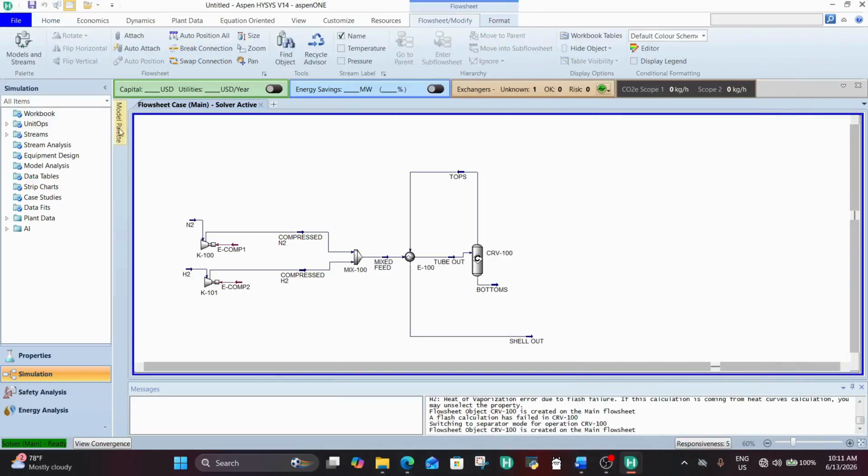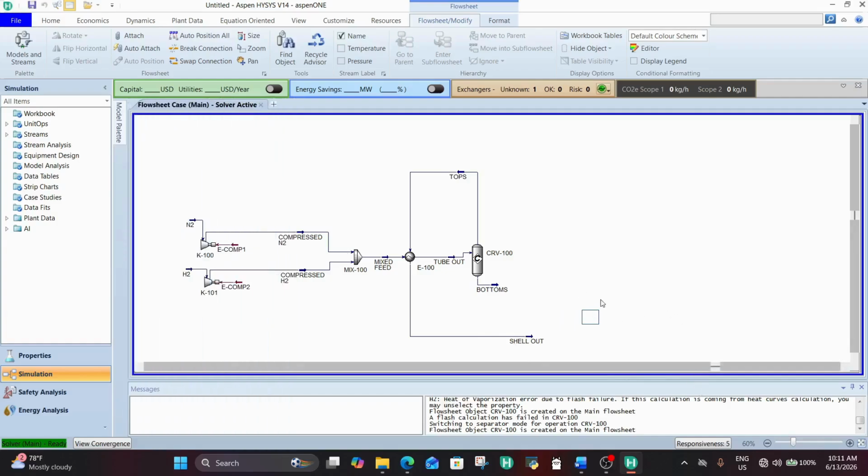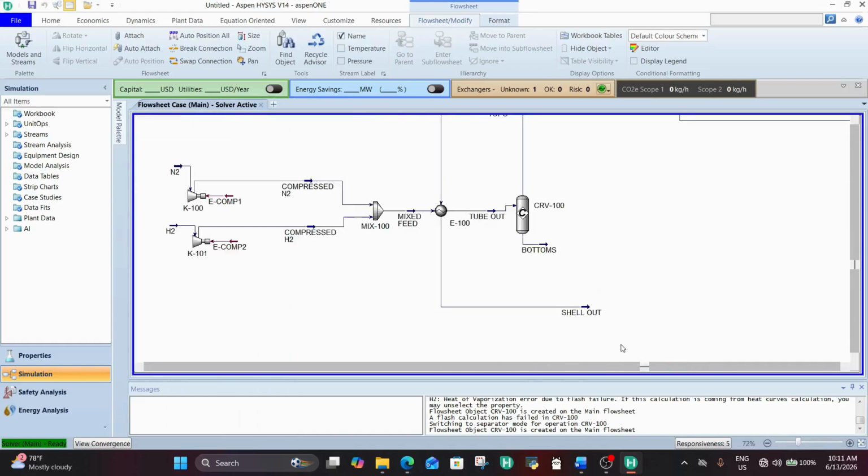So we're going to do some condensation to bring about liquids formation, and then we can just simply separate. Come on, HYSYS.